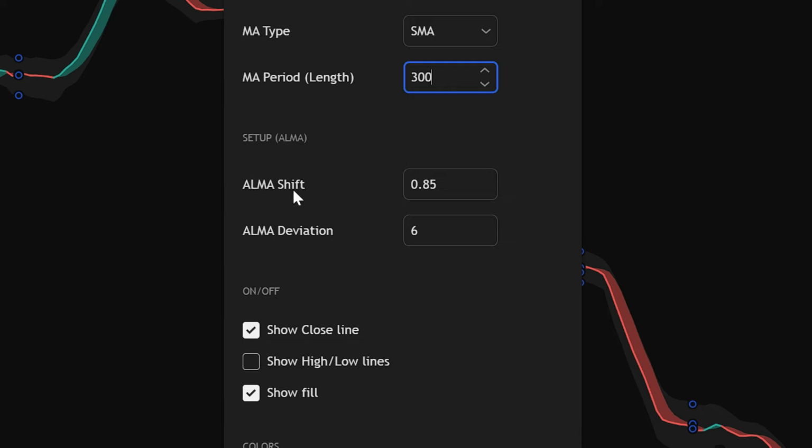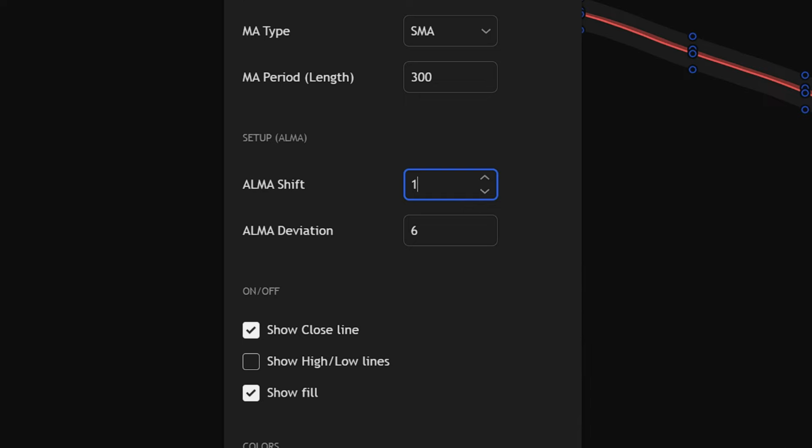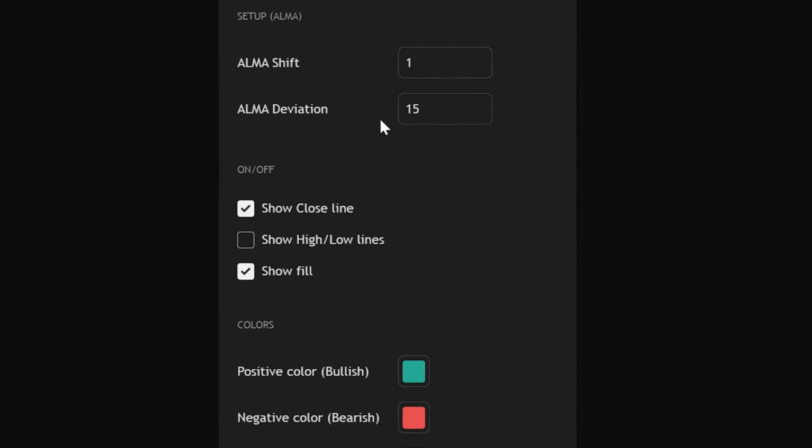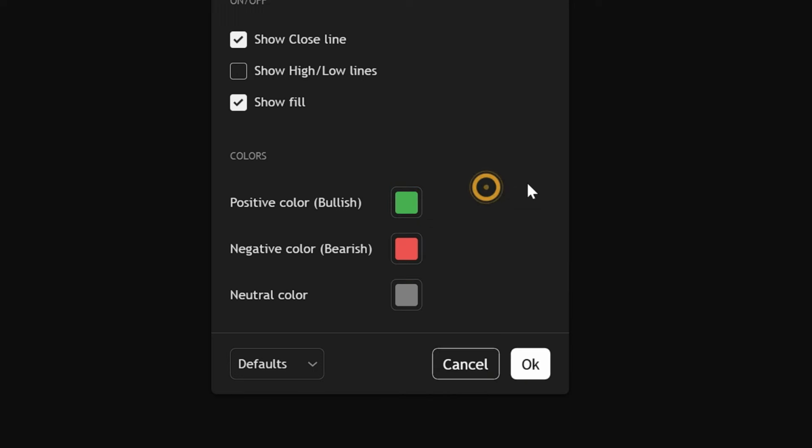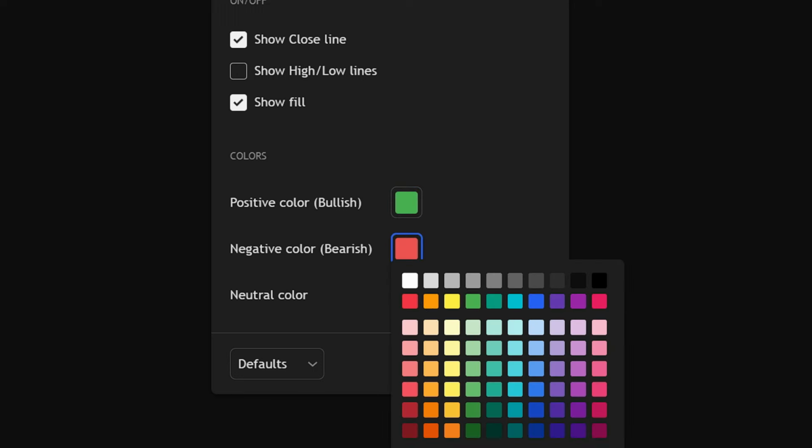Set the Almo shift to 1. Set the Almo deviation to 15. Then set the ribbon colors to green, red, and white. At this point, the chart becomes clean, simple, and easy to read.